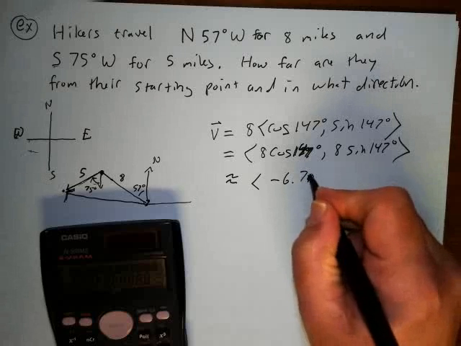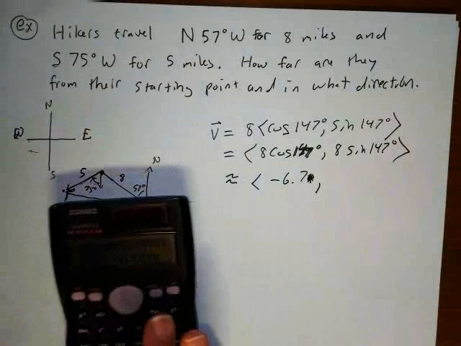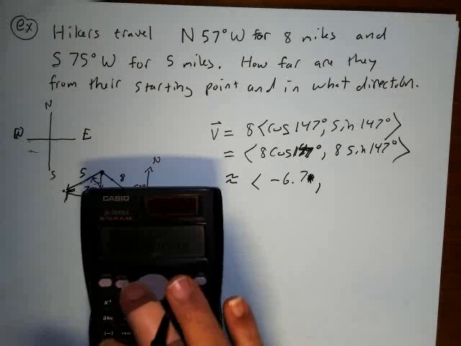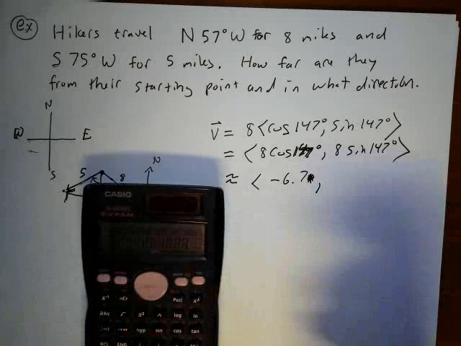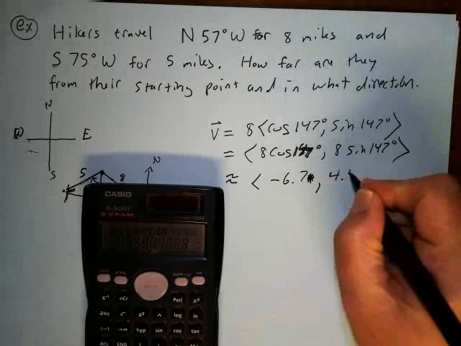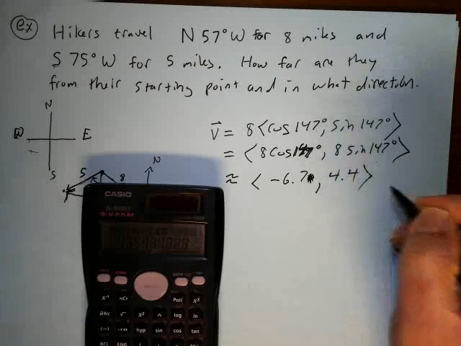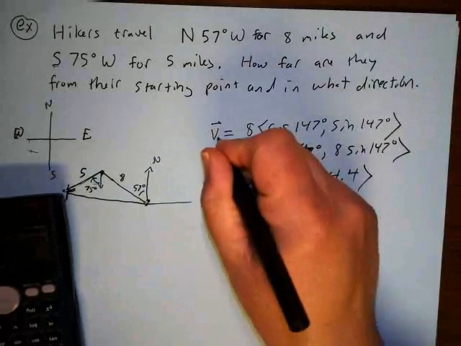So I'm just going to cross that out, and then I'm going to do 8 sine of 147, and this is approximately 4.4. Okay, so that would be V1.